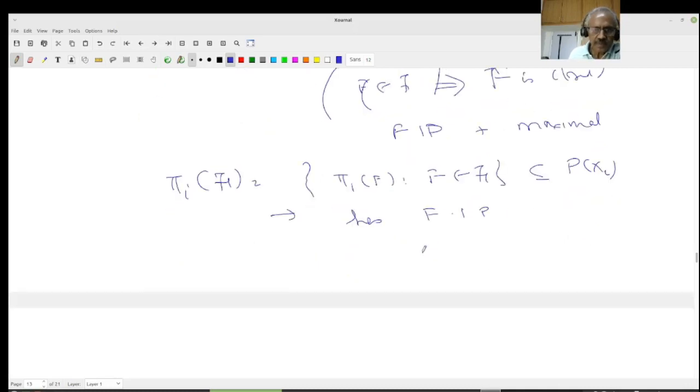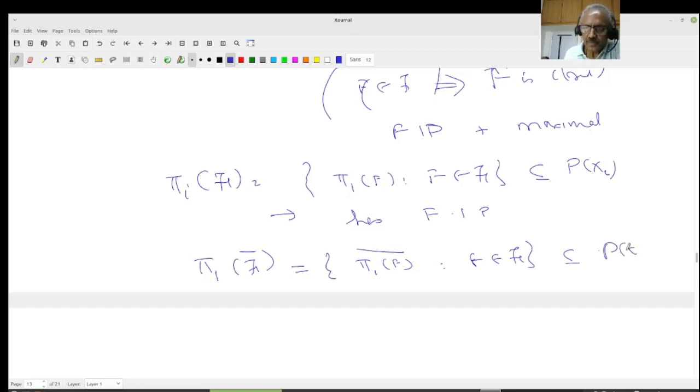If this has FIP, then let me look at the set of all pi i of F closure, for F in script F. Notice that these are all closed subsets of Xi, and we know Xi is compact.